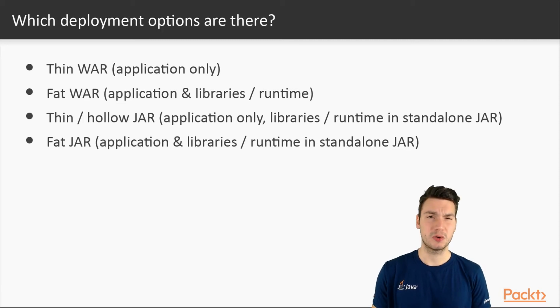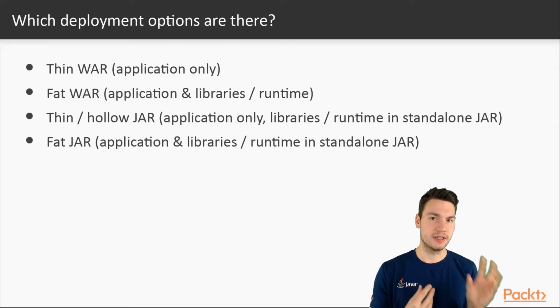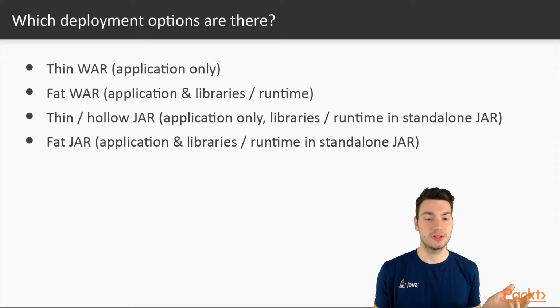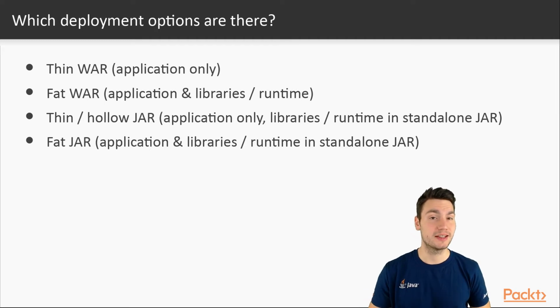For example, so-called thin or hollow jars that only contain the application and then have a separate jar file that basically loads a thin jar or sometimes a thin WAR, where the jar file that you actually run contains all the runtime and potential libraries, and then just loads a jar file or a WAR file that is then again a thin approach that only contains your application classes.